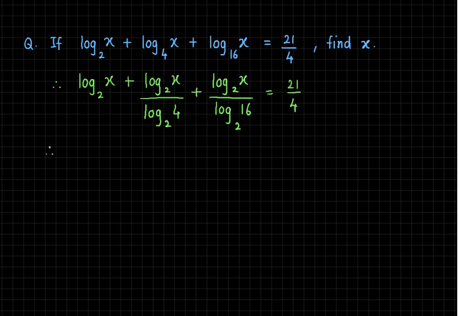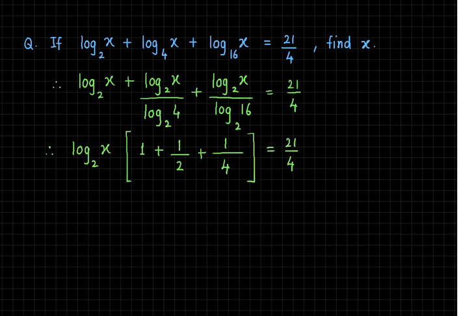If we take log x to the base 2 common from all the terms on the left hand side, we have 1 from the first term plus 1 upon, what is log 4 to the base 2? It is clearly 2 because 4 is the second power of 2, plus in the third term the denominator will be 4 because we know that 16 is the fourth power of 2. Okay, and that is equal to 21 by 4.